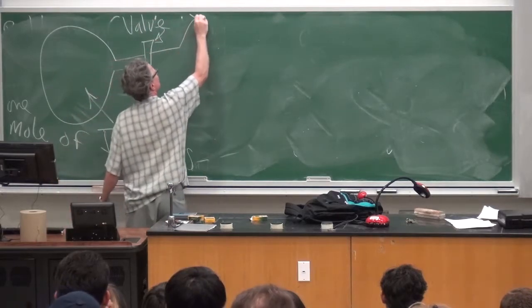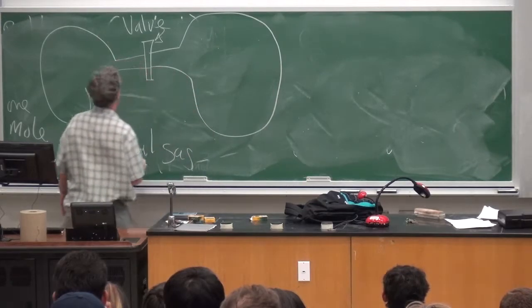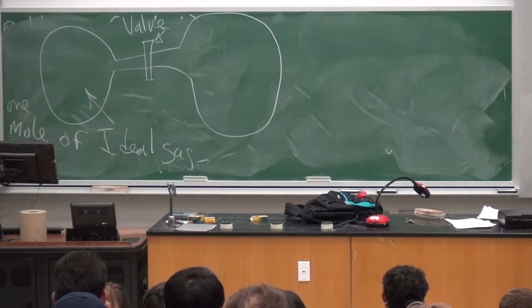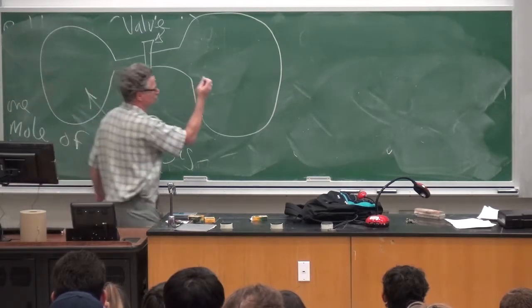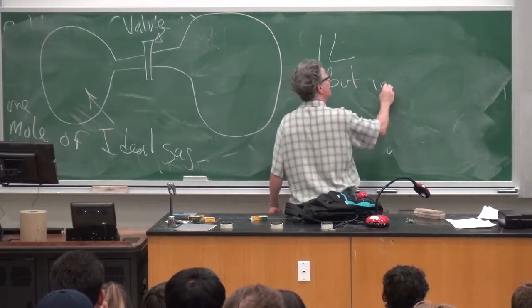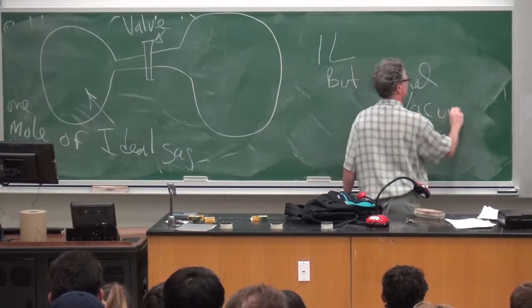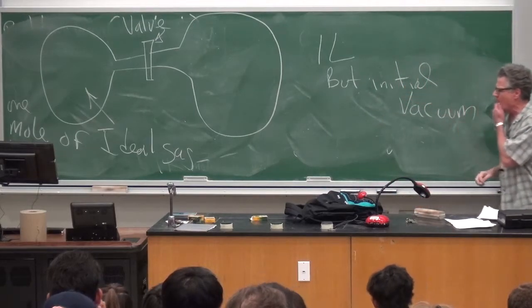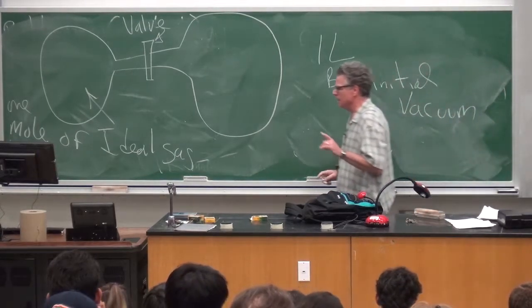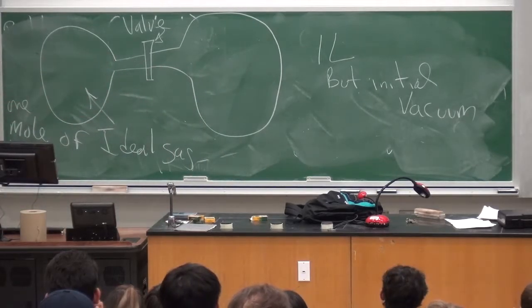And then this is going to be 1 liter. This is also, sorry for the drawing, 1 liter, but initially vacuum. Okay. So initially I got a mole of gas here in that liter.